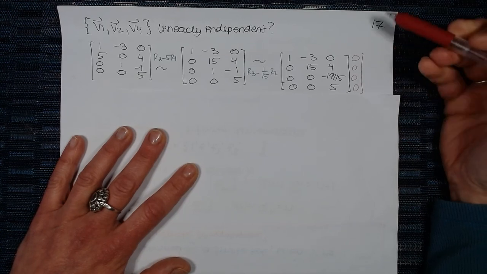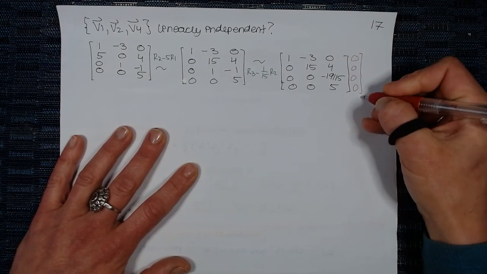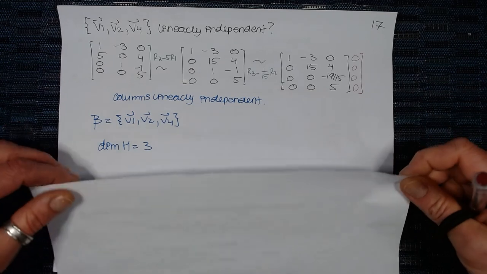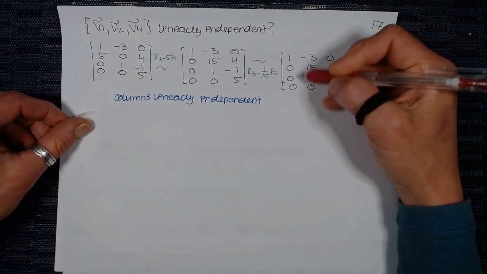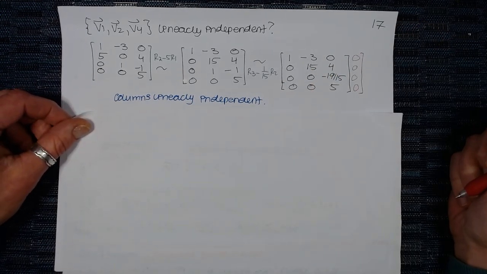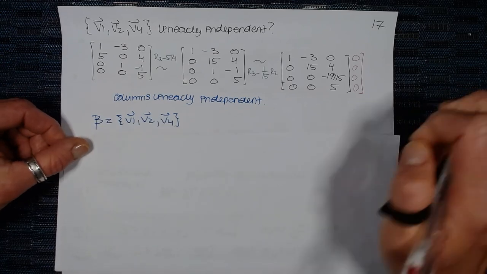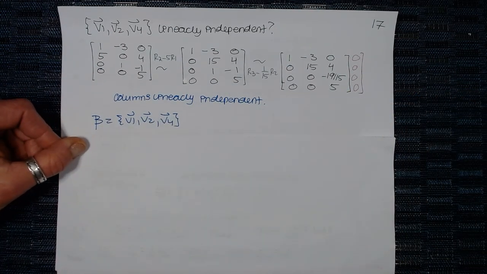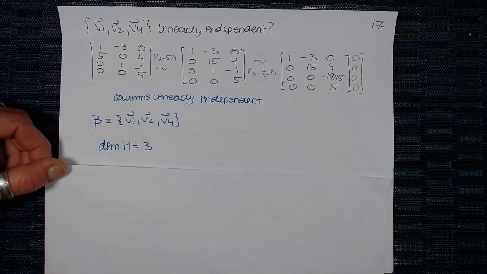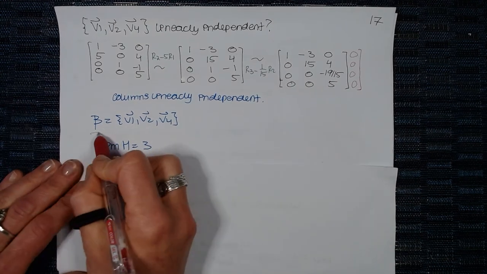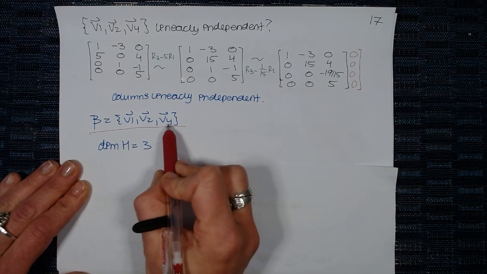So that's fine. That just tells me that my vectors are linearly independent. And if I have a linearly independent set of vectors that span the subspace, it has to be the basis. Right? So my basis is going to consist of vectors V1, V2, and V4.